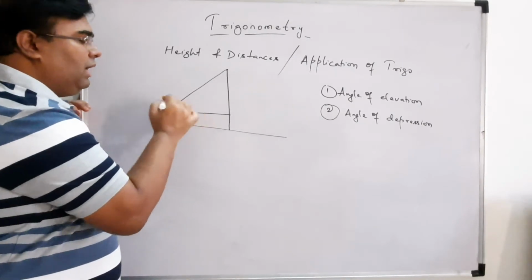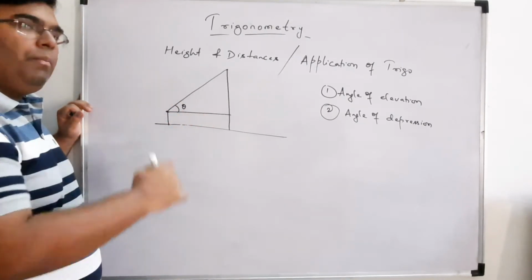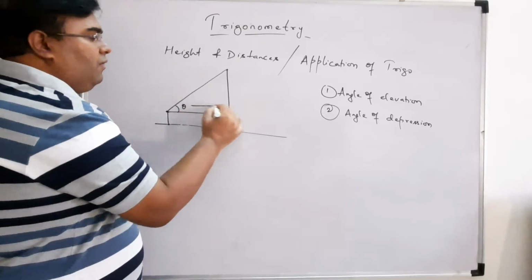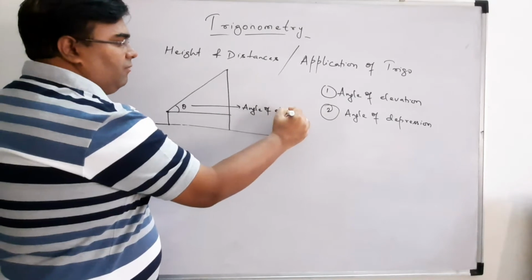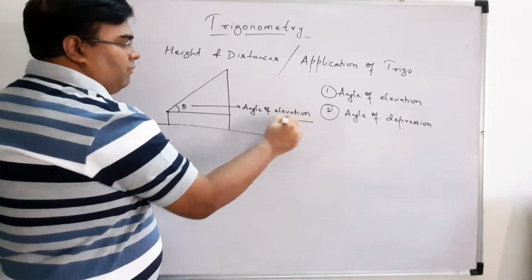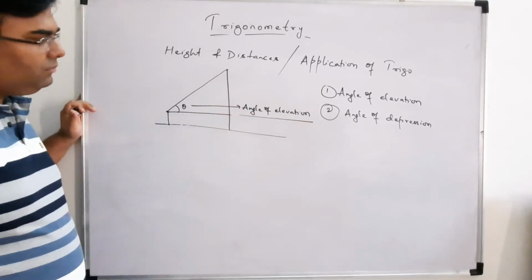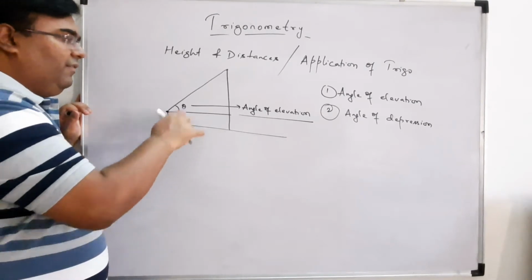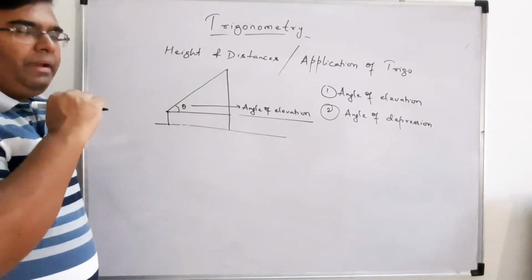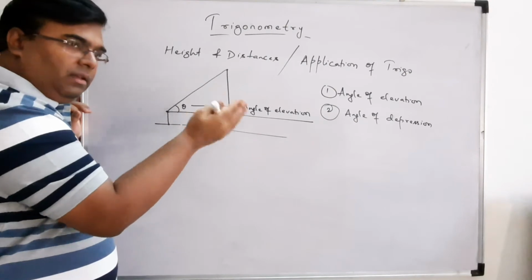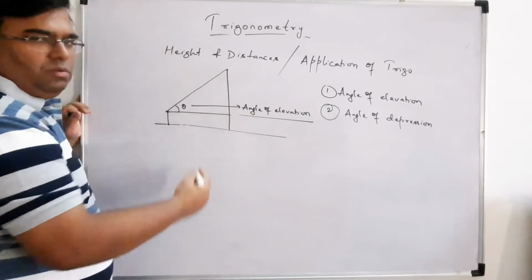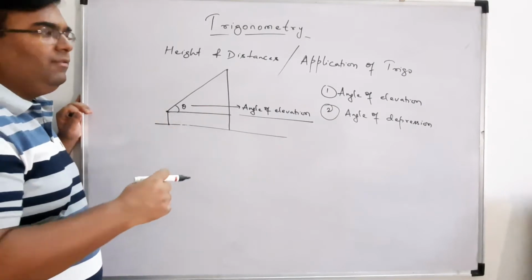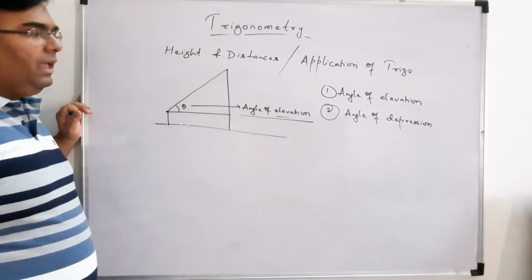This angle with the horizontal while looking up is known as angle of elevation. So your angle of elevation is the angle made with the horizontal on the upper side. Whenever you look up, it will form an angle of elevation.